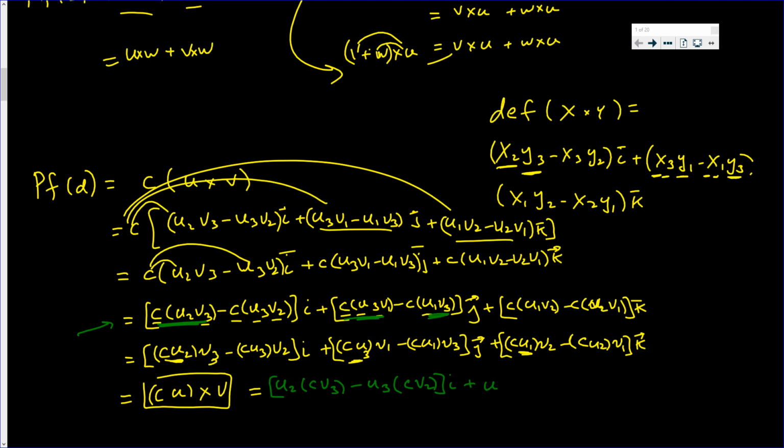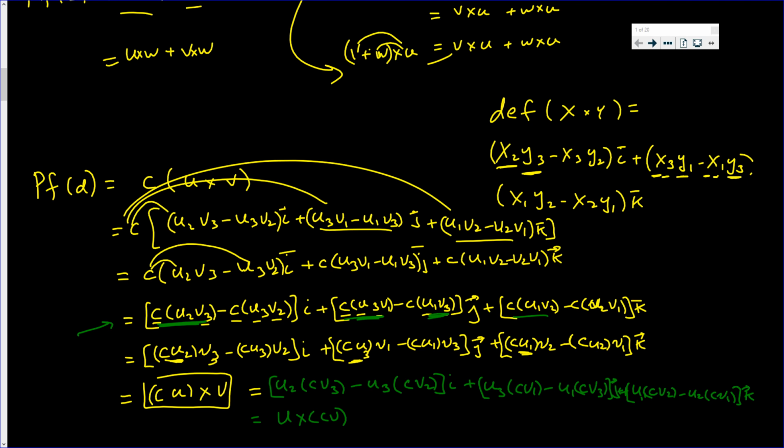I can go U3 times CV1 minus U1 times CV3, and that's in the J direction. And then I can do U1 times CV2 minus U2 times CV1, and that's in the K direction. Well, it turns out that what's in green is just U cross CV.